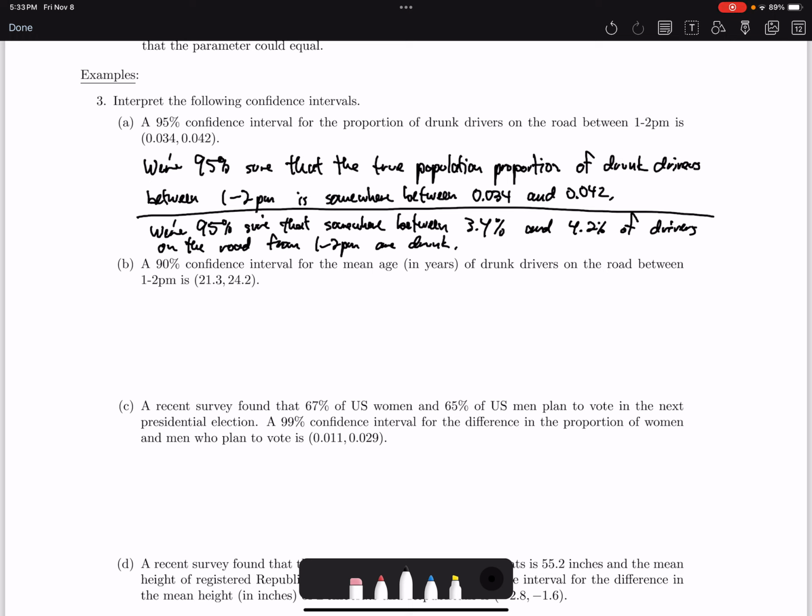Okay, so that's another way that you could interpret it. Both of those interpretations are totally good. So that's how we would interpret a confidence interval for a proportion.